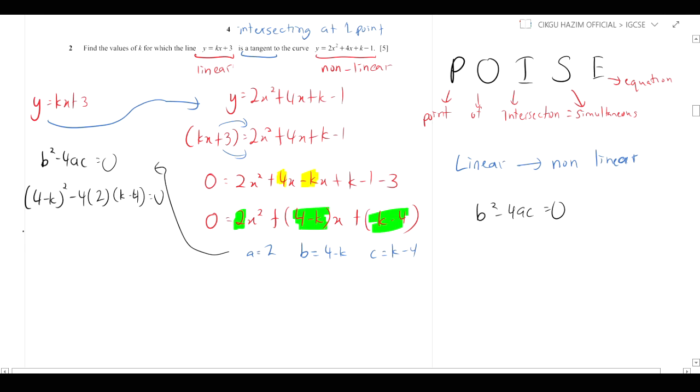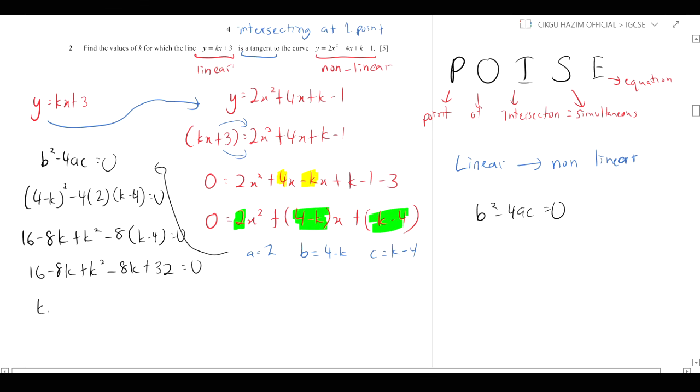Expand this thing. 16, minus 4 squared is 16. 4 multiplied by negative k, negative 4k, multiplied by 2, negative 8k. Negative k squared is going to be positive k squared. And here I do it slowly, it's going to be negative 8k minus 4 equal to 0. 16 minus 8k plus k squared, then minus with negative 8 multiplied by negative 8k, hmm, and positive 32 equal to 0.